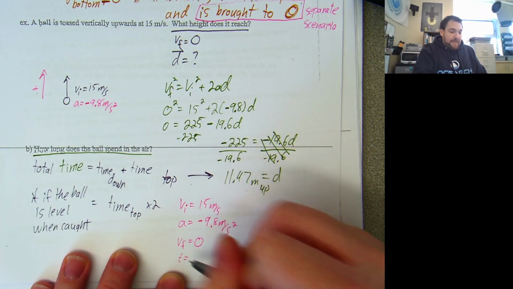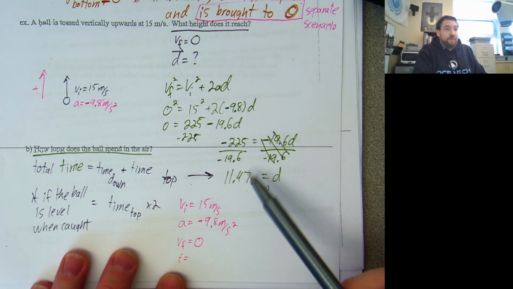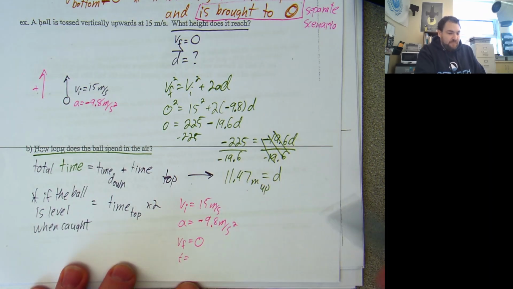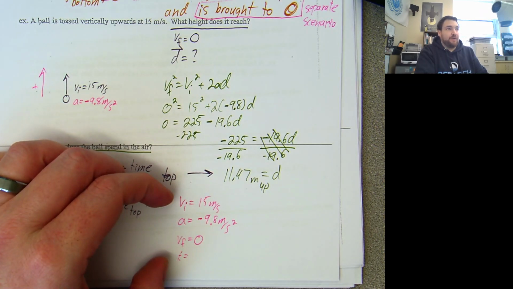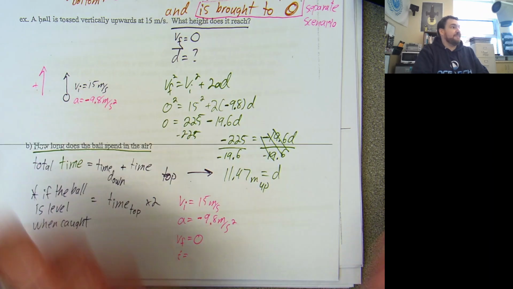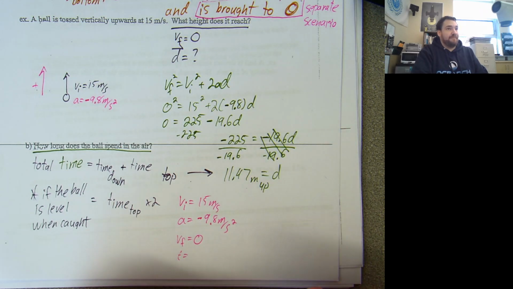So now I'm looking for time. I don't want to use the value that Emma calculated before because she rounded it. So using this information, what kinematic equation are we going to use? There are 4 of them.